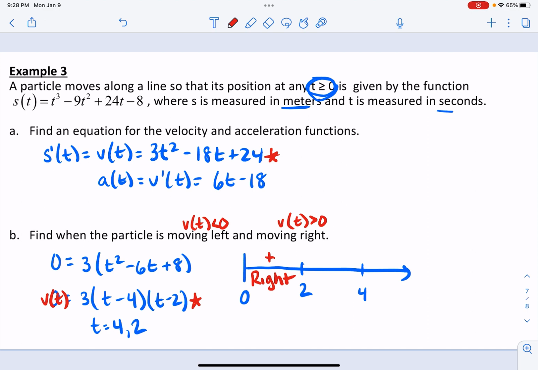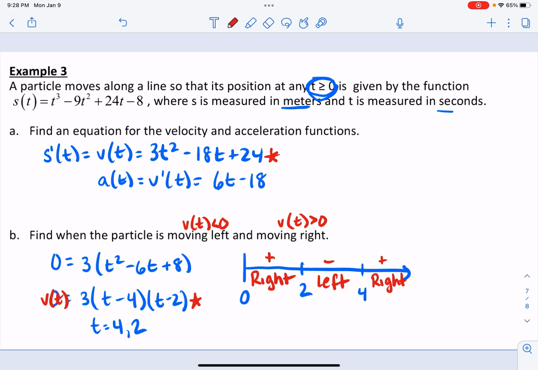Between 2 and 4, say I plug in 3, I have a negative times a positive, so that's a negative. I'm moving left. And for something greater than 4, like 5, I have a positive times a positive, so I'm moving right.